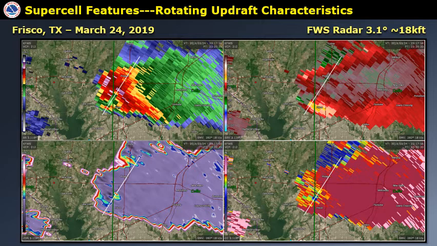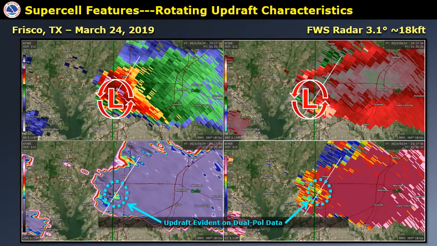If we take a look at the dual pole data, we see an enhanced area of ZDR with much lower ZDR values surrounding it. The melting level is around 10,000 feet, so this area of enhanced ZDR exists in temperatures below 32 degrees. This is where we have supercooled liquid water drops.